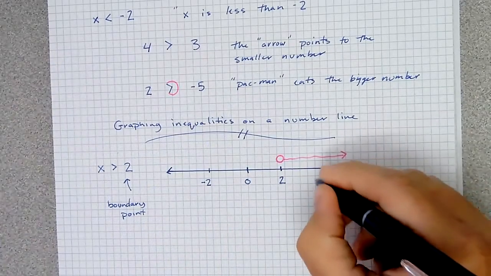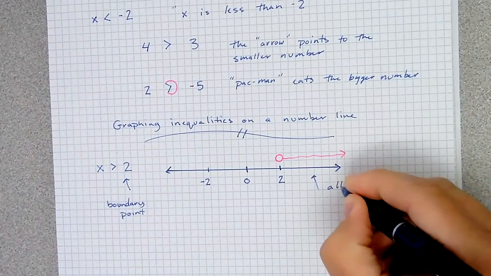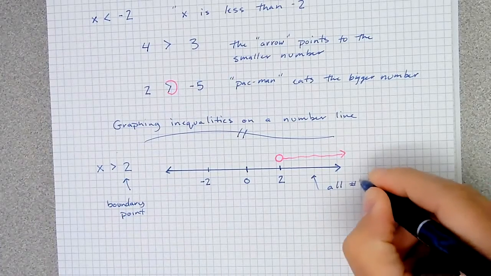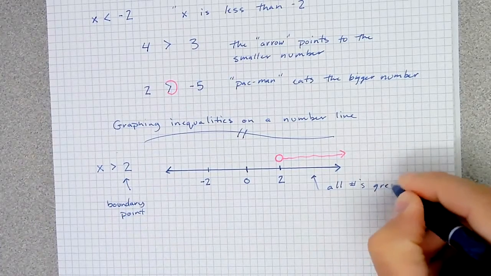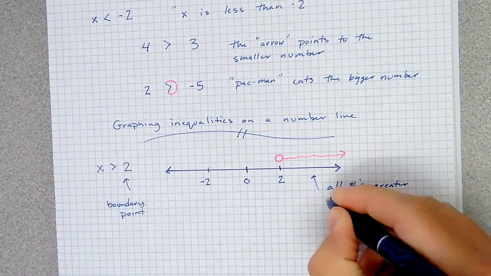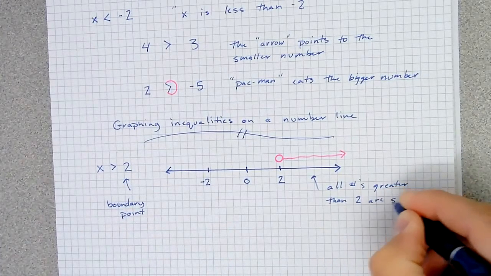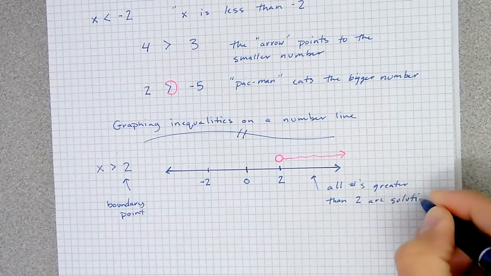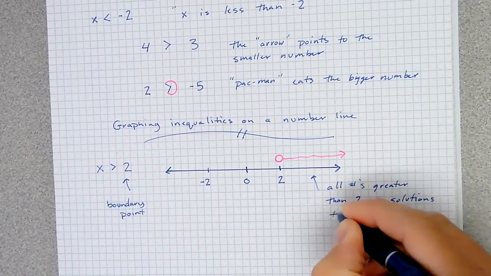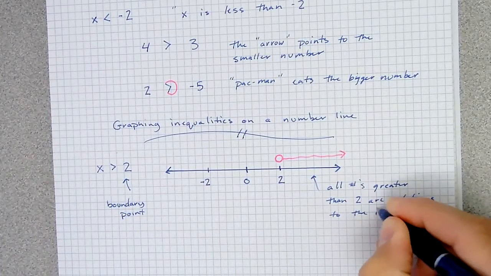And what this means is that all numbers greater than 2 are solutions to the inequality.